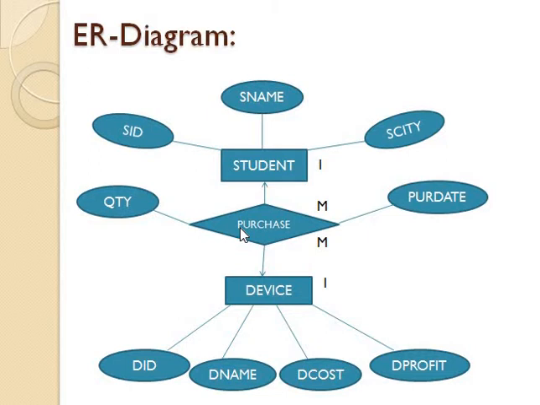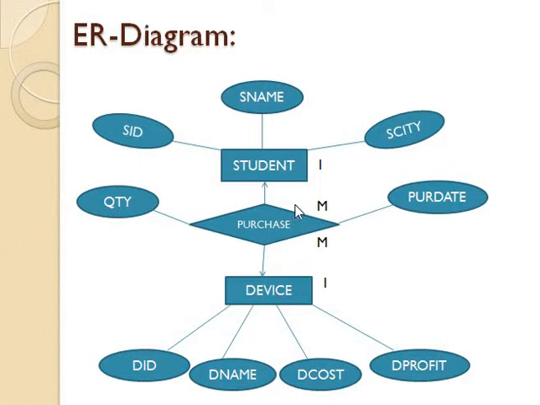Again, if you are asked to find the relationship between purchase and device, then a particular device can be purchased by many students. So again, there is a 1:many relationship between device and purchase, which is represented as 1:M between student and purchase, as well as 1:M between device and purchase.